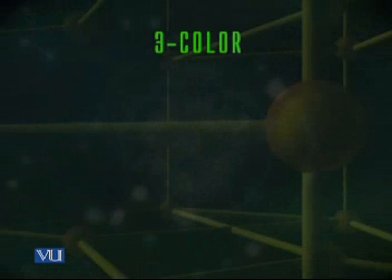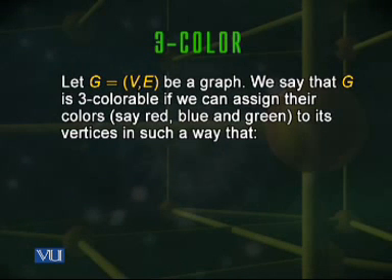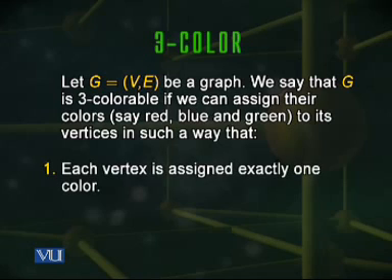Let's look at the problem formally. Let's say we are given a graph G with the vertex set V and edge set E. We say that G is three colorable if we can assign three colors, say red, blue and green, to its vertices in such a way that the first requirement is each vertex is assigned exactly one color.